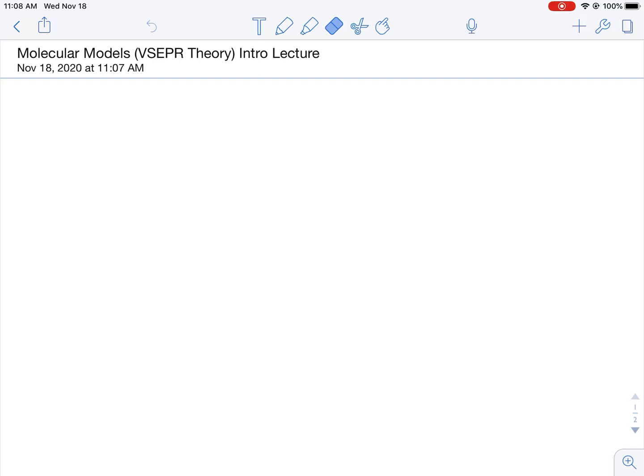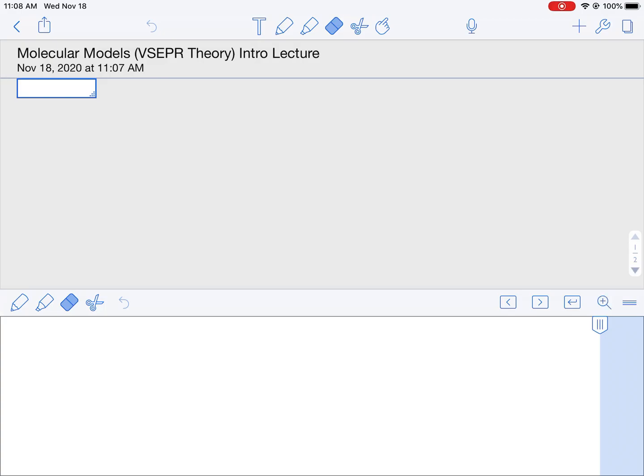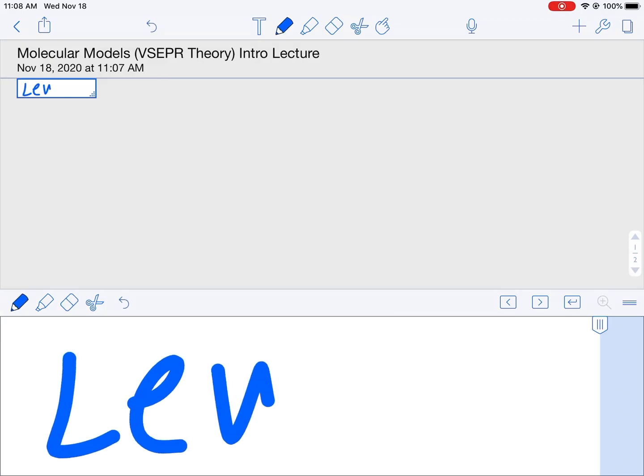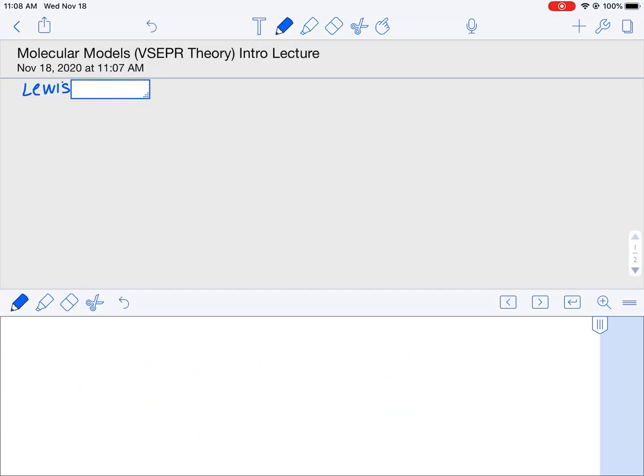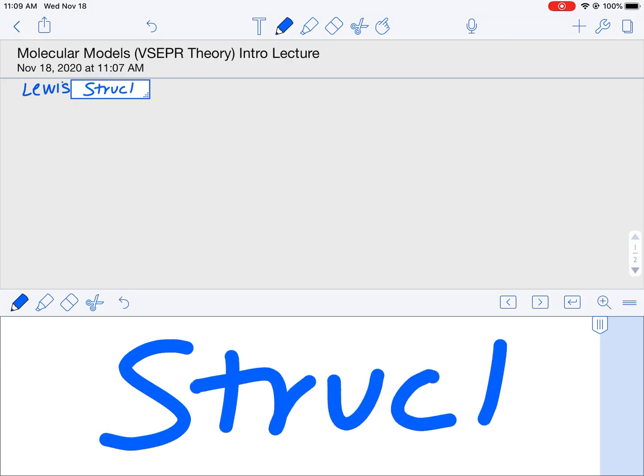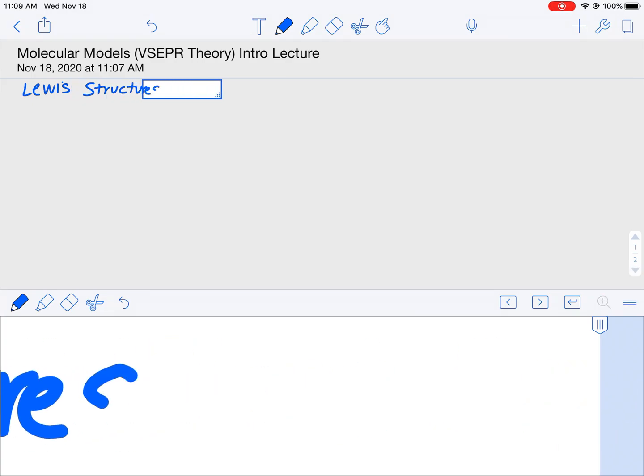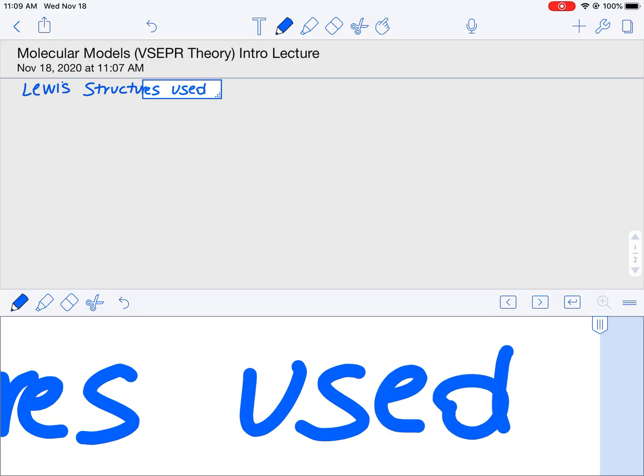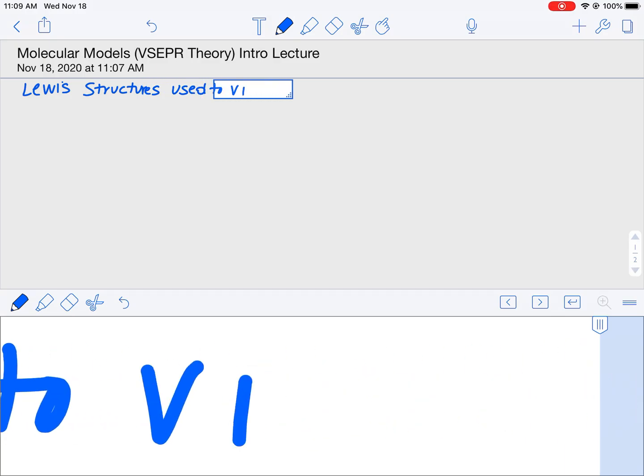Last class, we learned that Lewis structures are used to help visualize bonds.